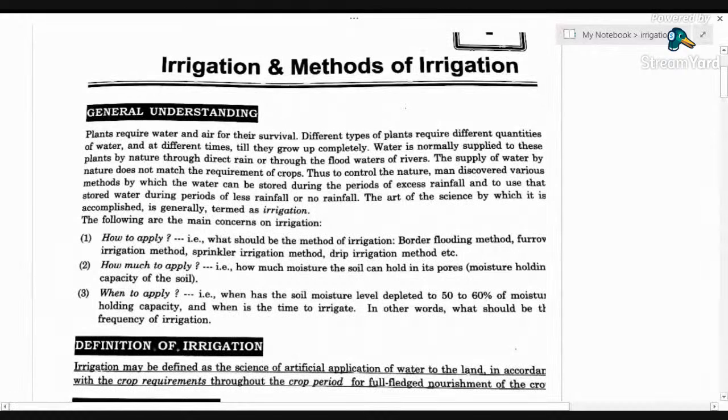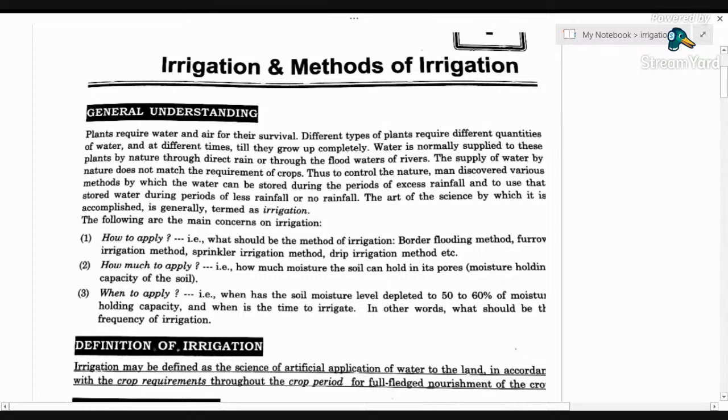We are applying it by designing some storage headwater, or by designing some canal, or we are diverting the river by constructing the weir and barrage to the off-taking canal. So by this method, we are artificially applying the irrigation water to the irrigation field.